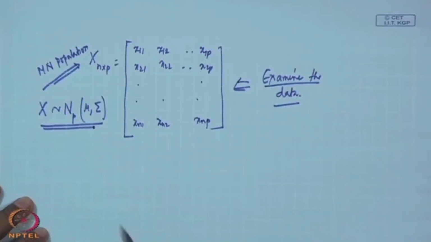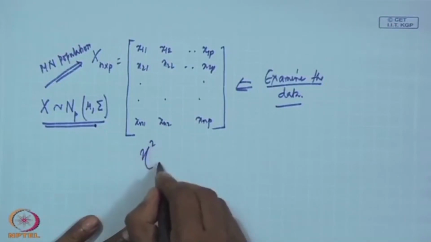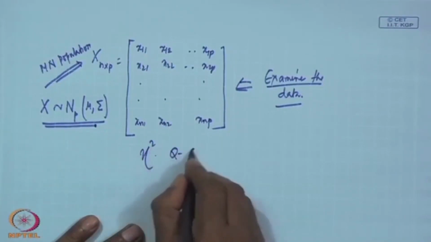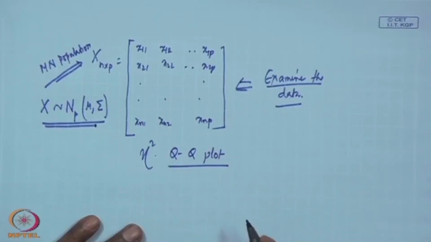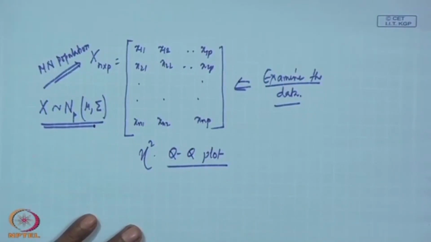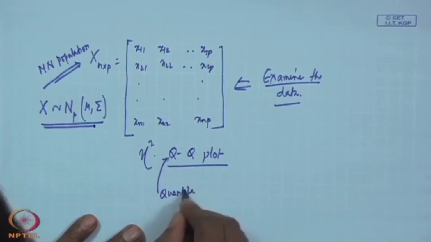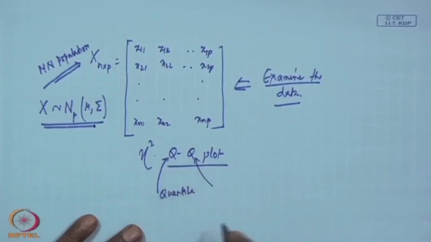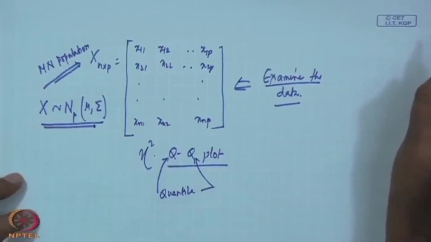So, in this case, in the multivariate domain, we will use the chi-square quantile plot, QQ plot. Q stands for quantile. What is quantile? Any idea? You know median.